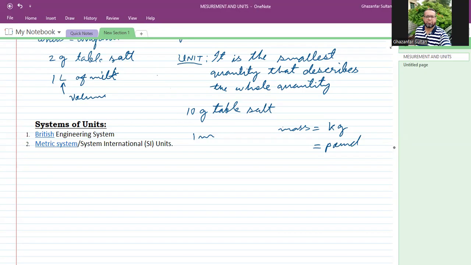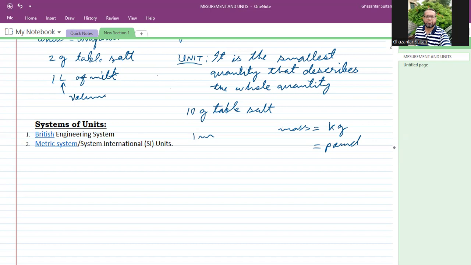System International was developed for uniformity in measurement all over the world because measurements are necessary in all scientific work, and not only in scientific work but in other fields as well. So there should be a uniform system. Otherwise, you would not get the correct measurement and you will be confused. For example, if I told you to bring a cake of 2 kg, but in the British system there is the pound.